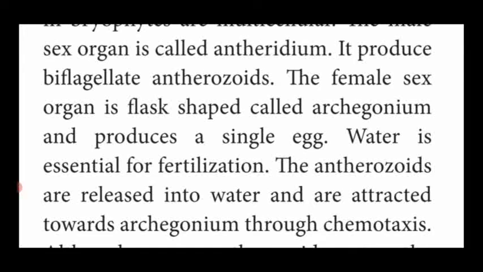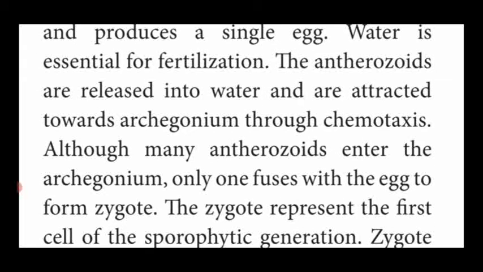So that's why this antherozoid contains two flagella. Then the female sex organ is flask shaped, looks like a flask, called archegonium, which produces only one egg. So water is essential for fertilization. Underline the words: water is essential for fertilization.